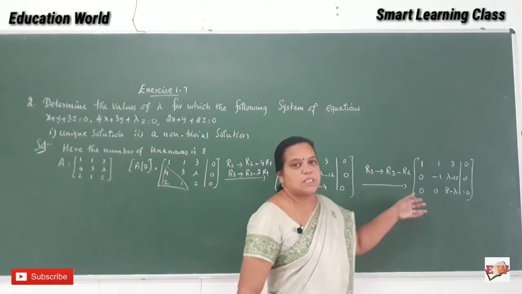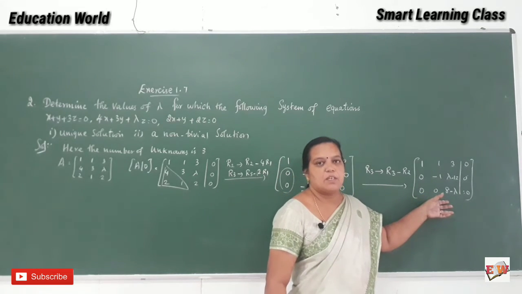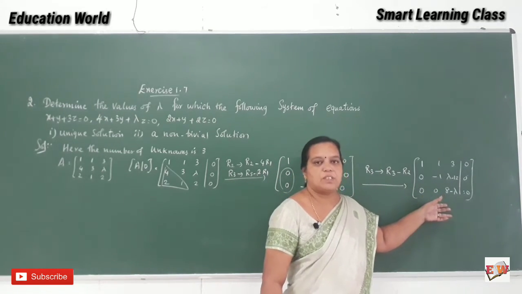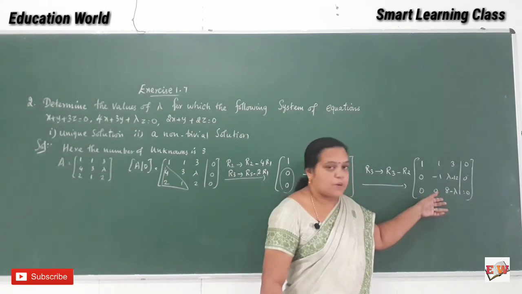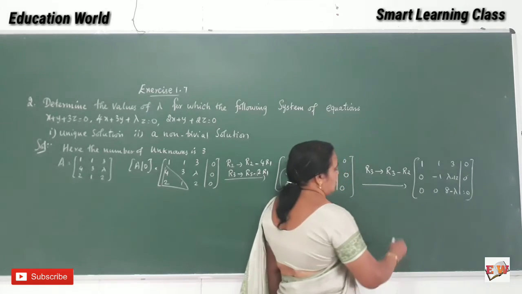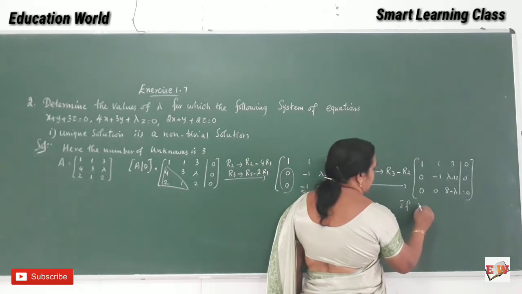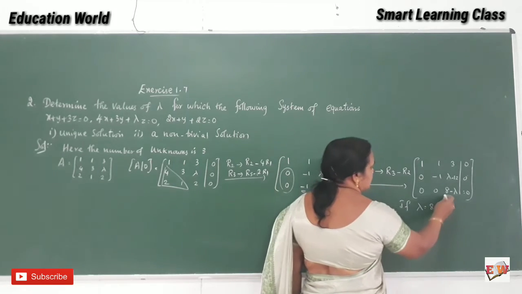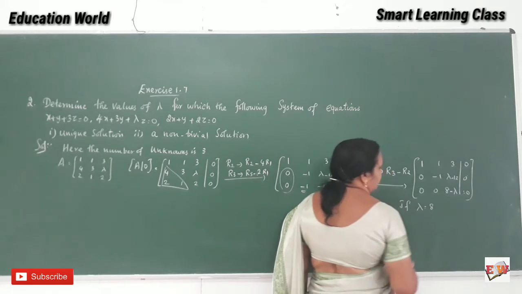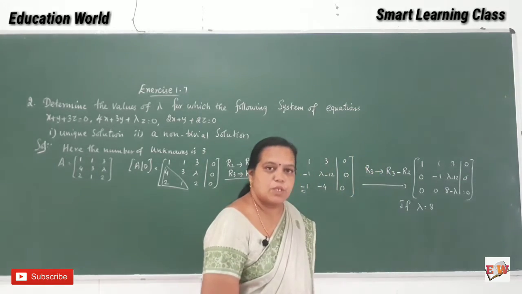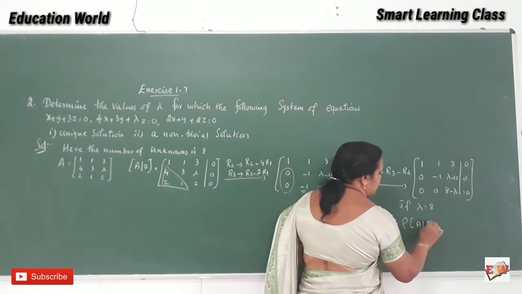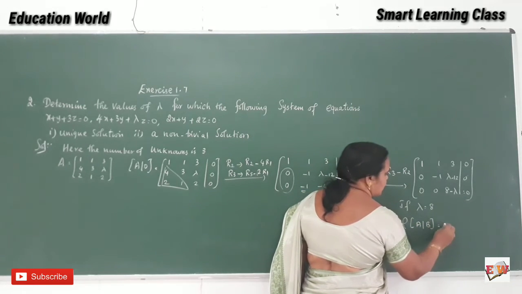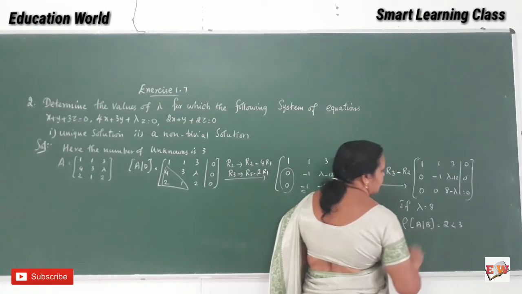See, from this equivalent system of equations, we came to know the rank of augmented matrix is 3. How? Suppose lambda equal to 8, you just see, 8 means this row will become a 0 row. That time rank of augmented matrix is equal to 2, less than 3.